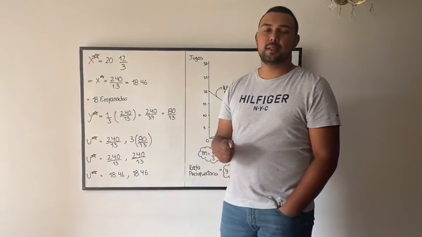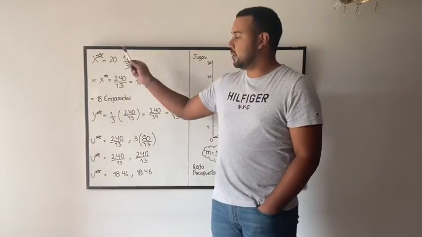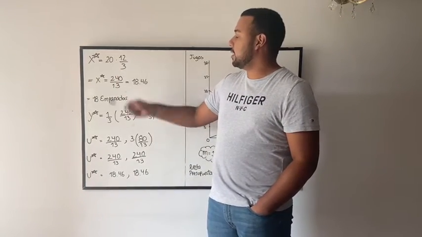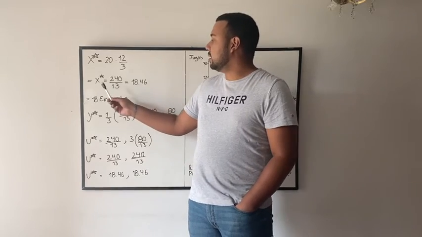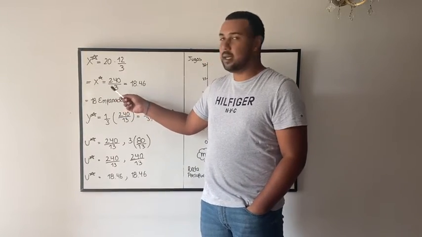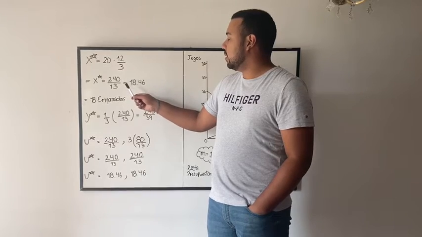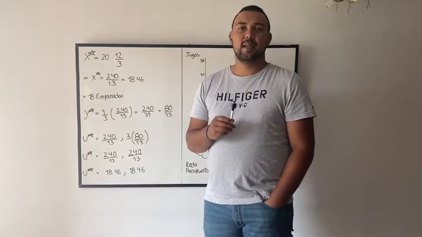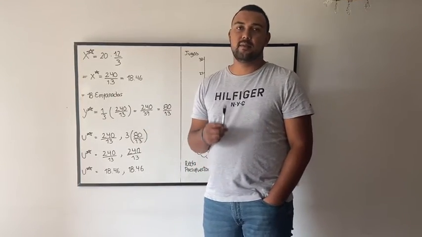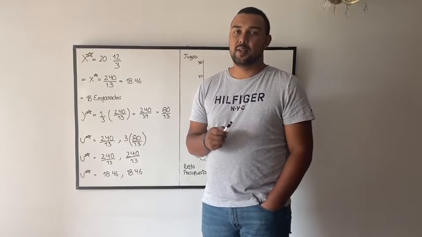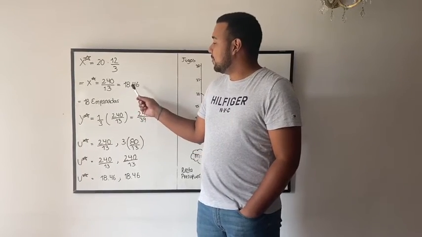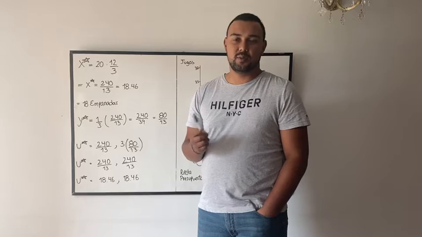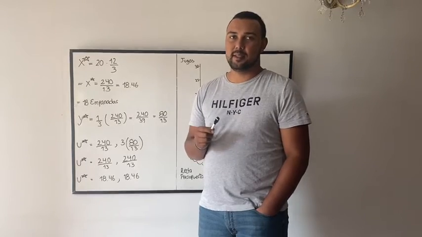So, continuing the exercise, I will solve for x to find x star. So, x star is equal to 20 multiplied by 12 divided by 13. The result of that is x star equal to 240 divided by 13, which is equal to 18.46. That means that I can buy only 18 empanadas for my friend Pamela, because I don't have enough money to buy more empanadas.